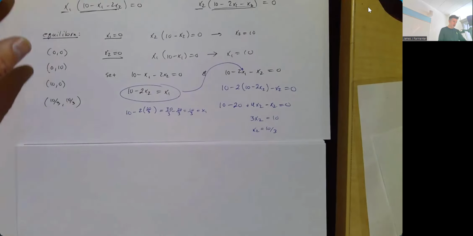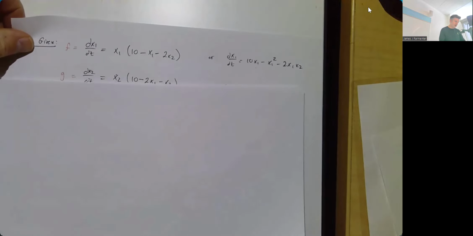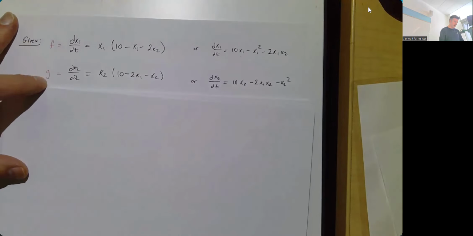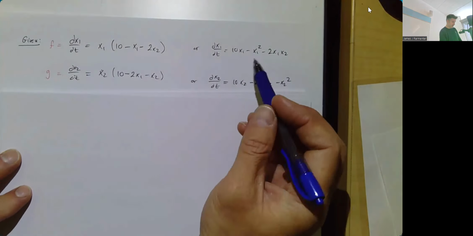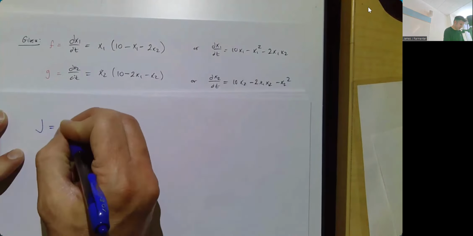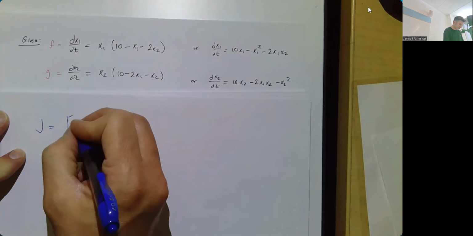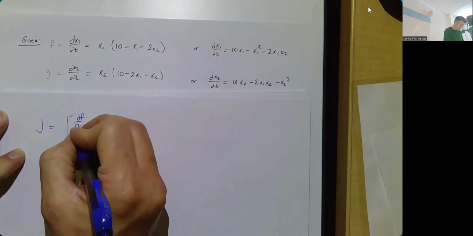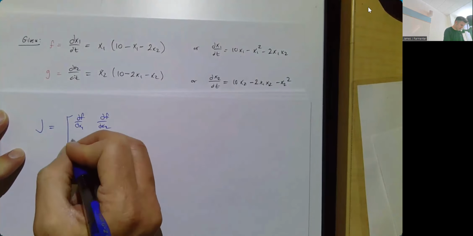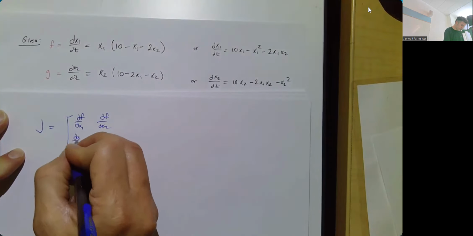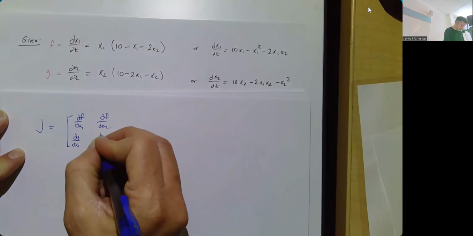As a reminder, and this is actually where I would probably, instead of writing it this factored way, write it multiplied out, your Jacobian matrix is your partial of f with respect to x1, your partial of f with respect to x2, your partial of g with respect to x1, your partial of g with respect to x2.